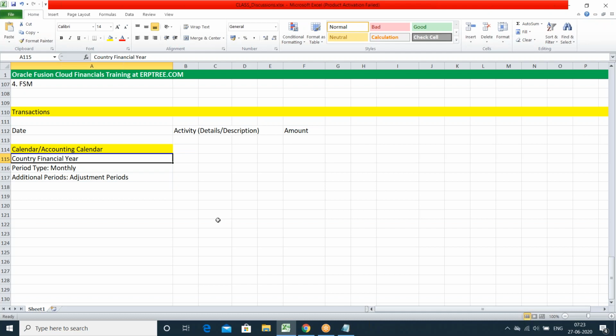Yeah, please go ahead. Lakshman, this is Jawad here. I am new to this class, so this is the first time I'm attending this. When you asked about this calendar change, in the US you can have the calendar year type calendar from January through December, and then you can also have the fiscal year type calendar, right?